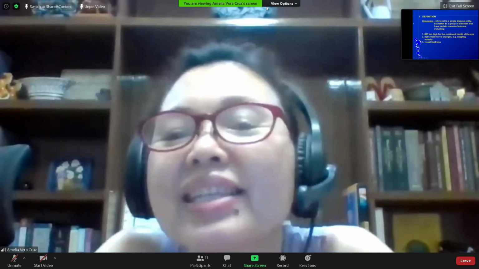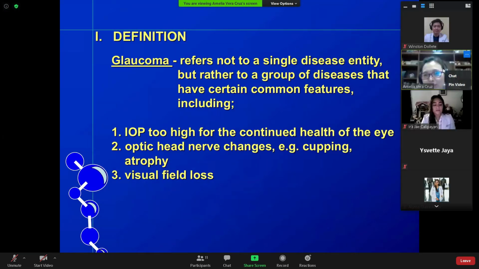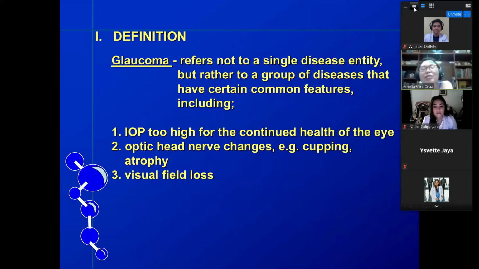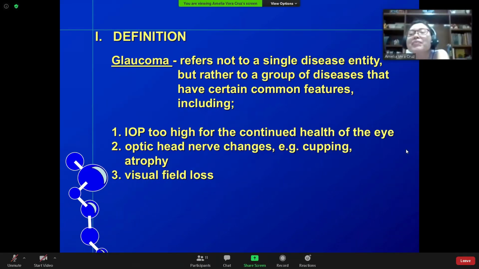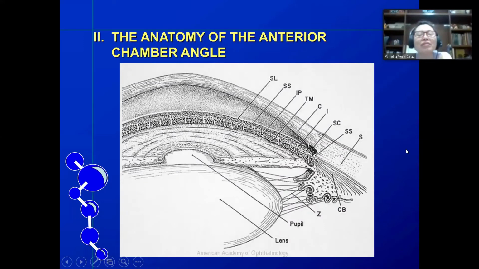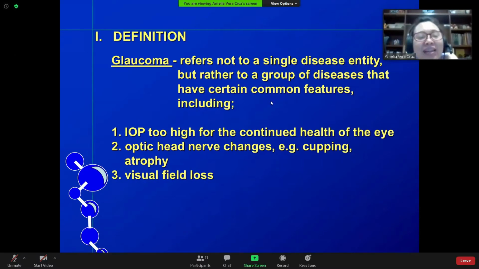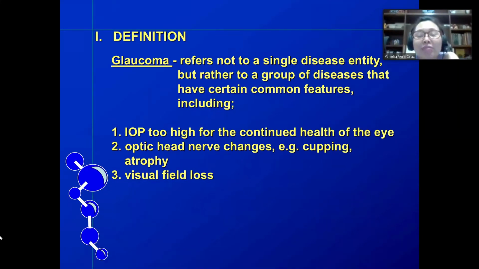This is the definition of glaucoma. It refers not to a single disease entity, but rather to a group of diseases that have certain common features, such as IOP too high for the continued health of the eye. Walang sinasabi na definite na IOP.